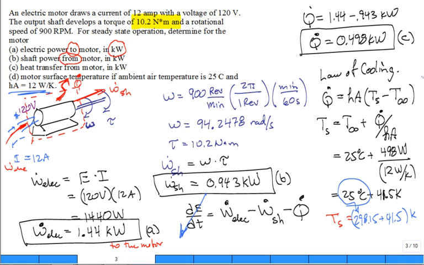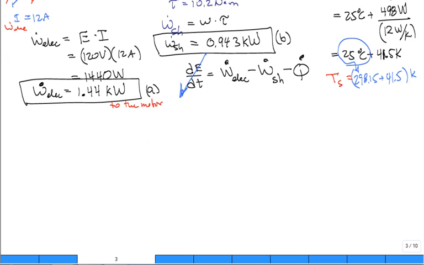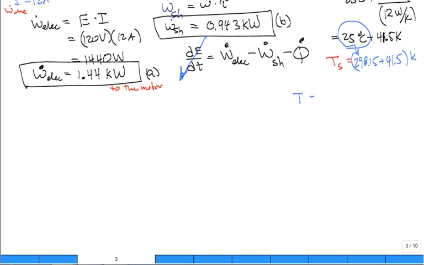Let me just explore that a little bit. See, I took the 25, I added 273.15 to get it to Kelvin, I added the 41.5, then I wanted it back to degrees C, so I subtract 273.15.